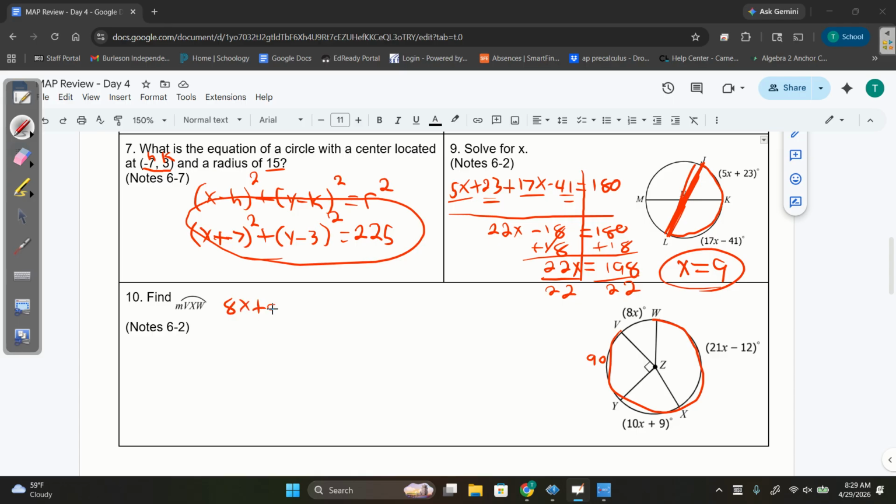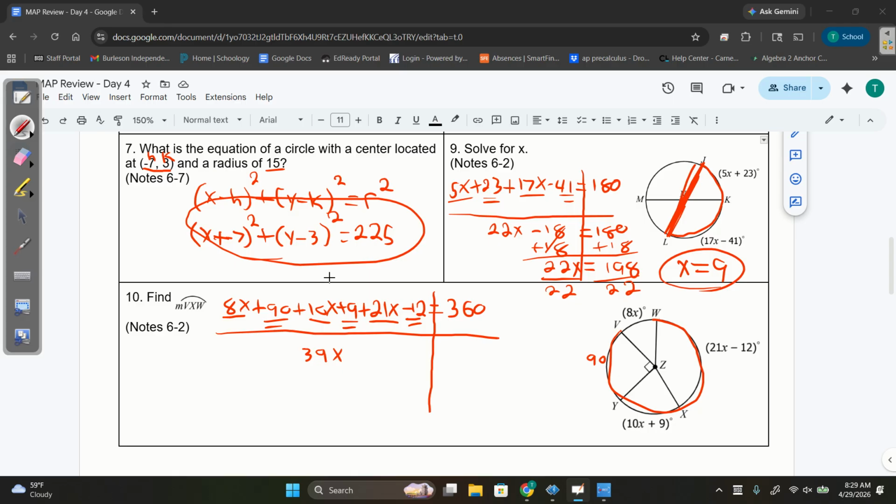8x plus 90 plus 10x plus 9 plus 21x minus 12 equals 360, because we went all the way around the circle. So I used all of these equals 360. And we're going to solve this equation out. Combine like terms. Eight plus 10 plus 21 is 39x.